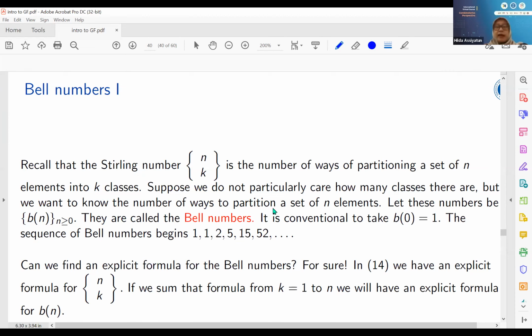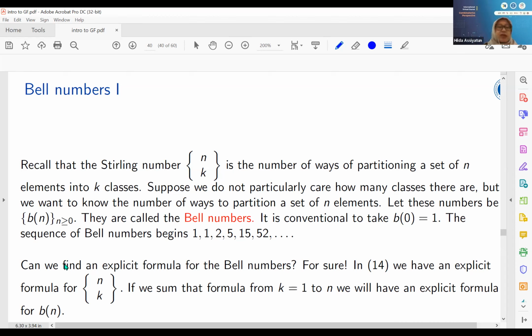We don't really care about the number of classes. This number is called the Bell number. The convention is to define that B0 equals 1. So the number of ways to partition the empty set is 1.